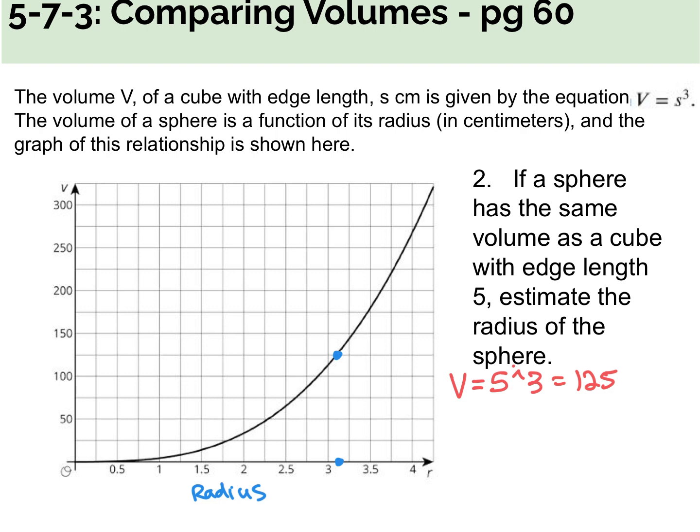Well, if I look at it, we have 3 and then 3.5, so this is like 3.25. I'm going to say probably around 3.1. If you have something around that, totally works for me. And this is a length, so it's going to be centimeters. So the answer for number 2 is 3.1 centimeters, or somewhere around there.